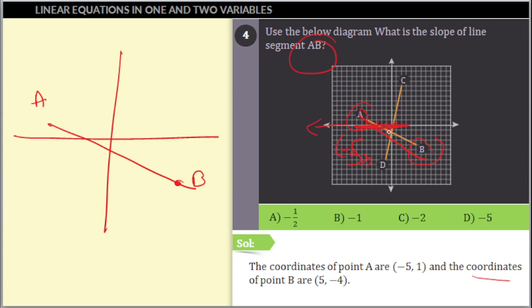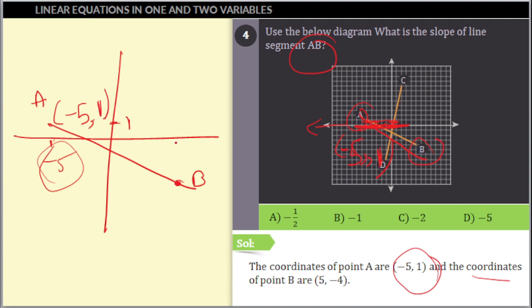In the y-axis there is only one square, so I will write 1, and it represents the positive y-axis, so I will keep it as positive. So by counting the squares I can write down the coordinates of A and B. Let's say this is minus 5, this is 1. So the coordinate for this point is, x-axis I will write first, that is minus 5 comma 1.